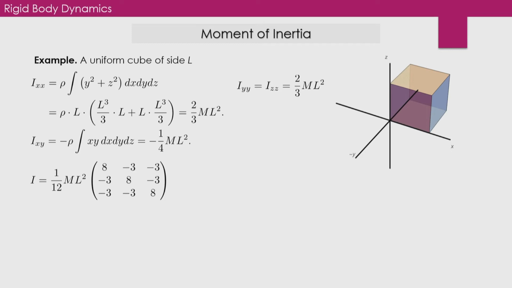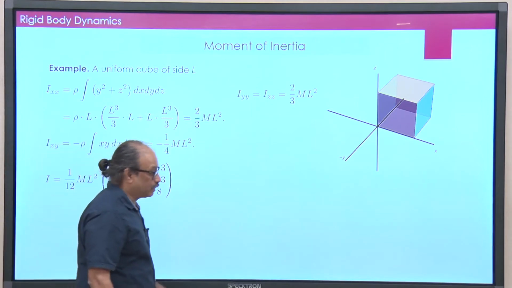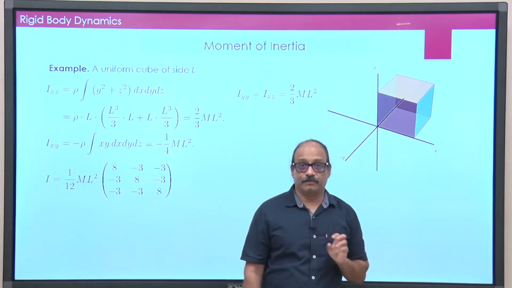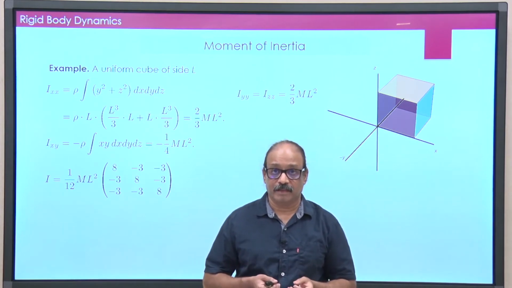So, now you see this moment of inertia tensor looks very different from the one which we had in the previous example. By changing the origin, origin matters. If you change the origin, moment of inertia changes. Okay.